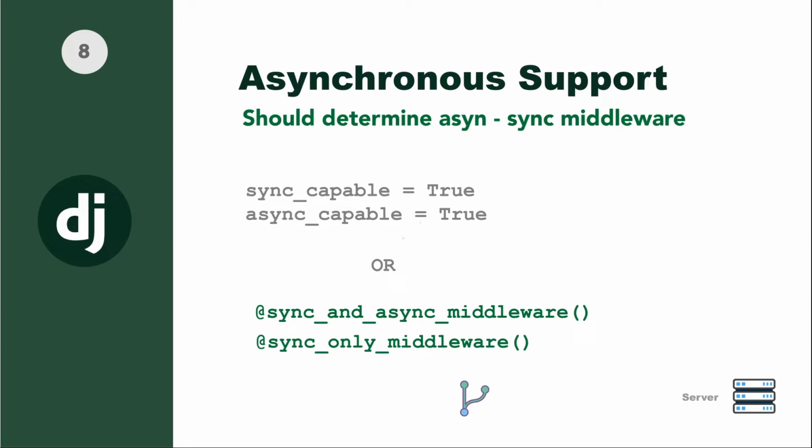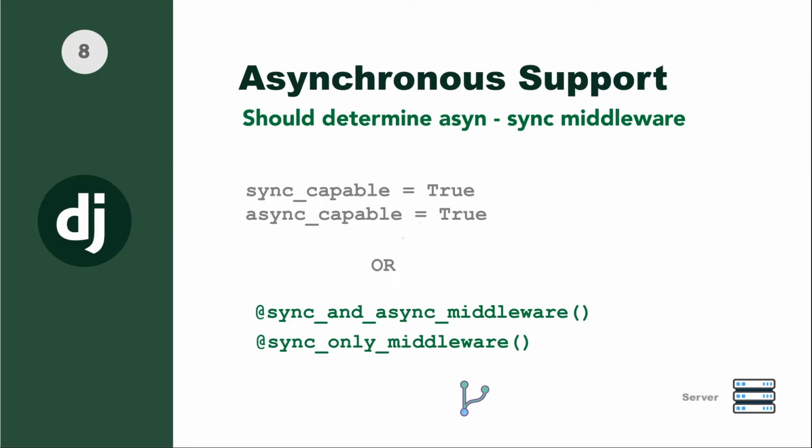There is also an alternative if you don't want to set the two properties, sync_capable or async_capable, on your class-based constructor. You can also apply decorators from Django. You can use the sync_and_async_middleware decorator, which is the one we're going to be demonstrating in this video.